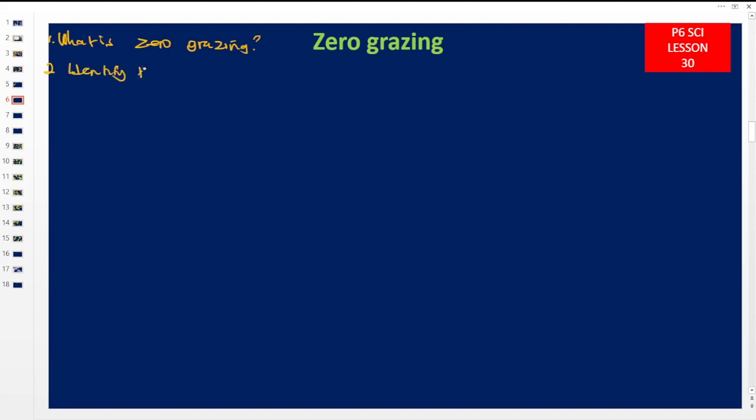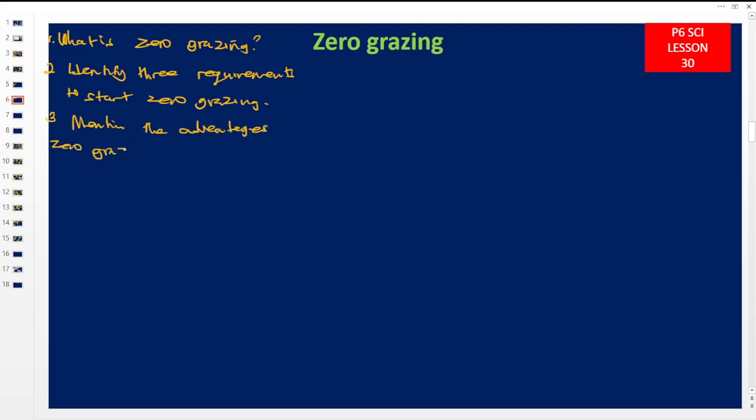Number 3: Mention the advantages zero grazing has over herding.